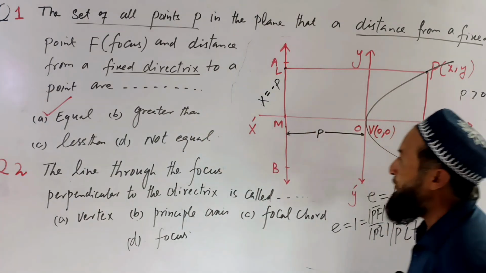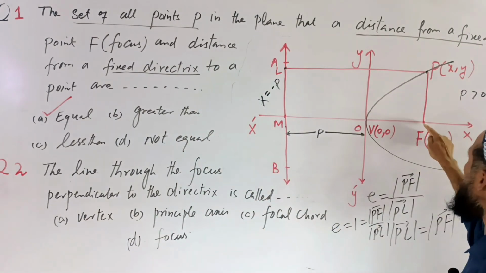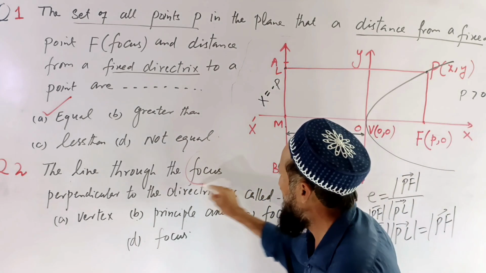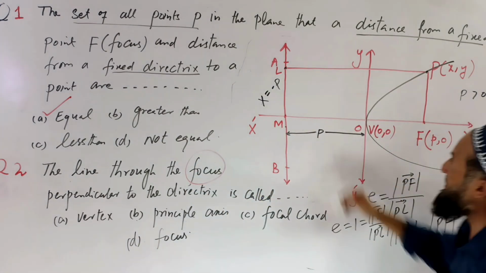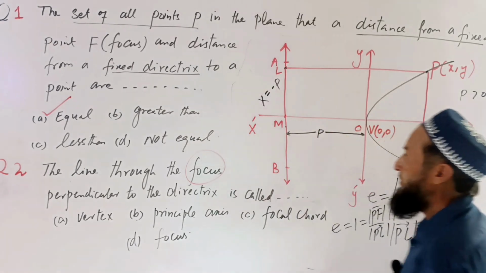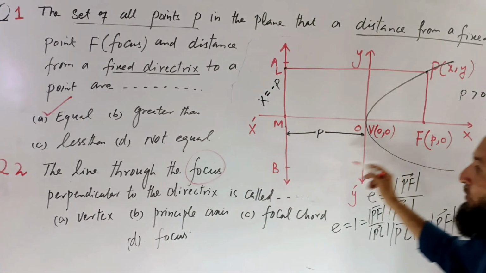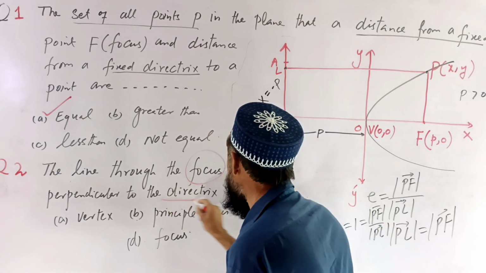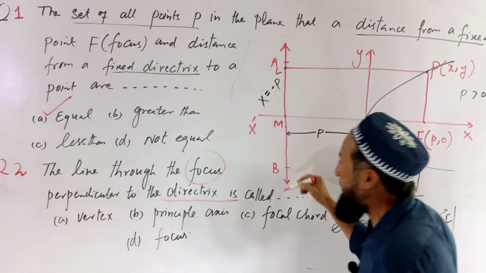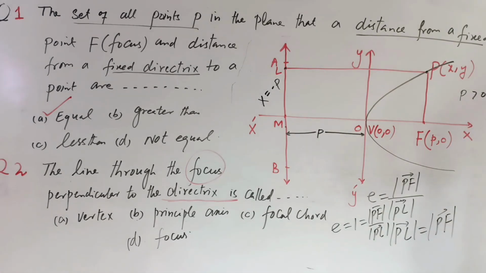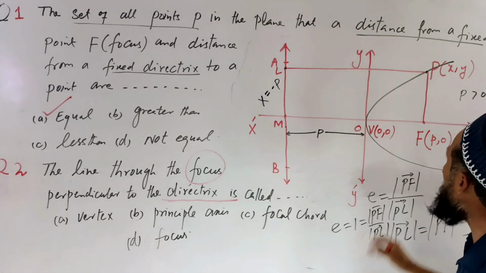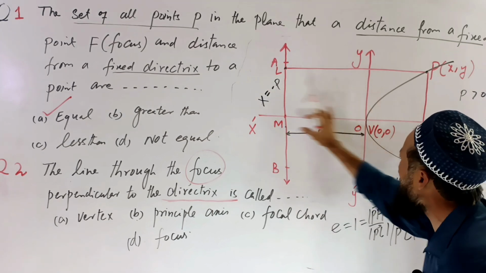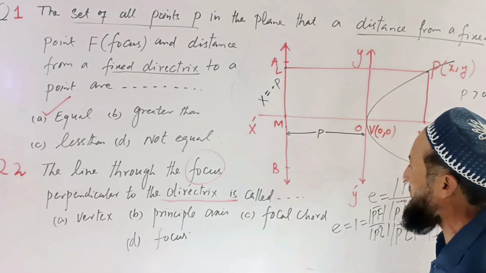The line through the focus. That is the focus, and the line AB is the directrix. The line from the focus perpendicular to the directrix is called the principal axis.